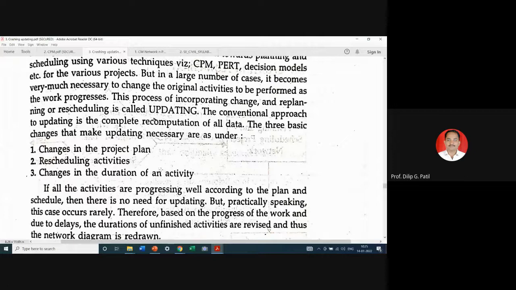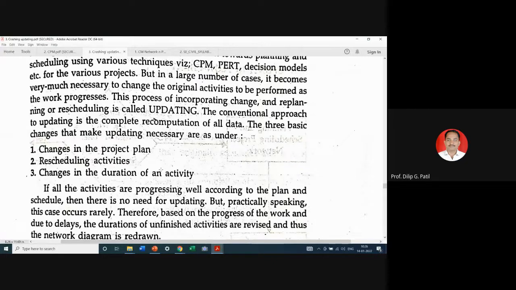After starting of the project, it may happen that due to some problems, due to some change in the design requirement, activity B duration may get changed to 20 days, or it may take 25 days as per the progress of the execution due to some non-availability of the resources or material.